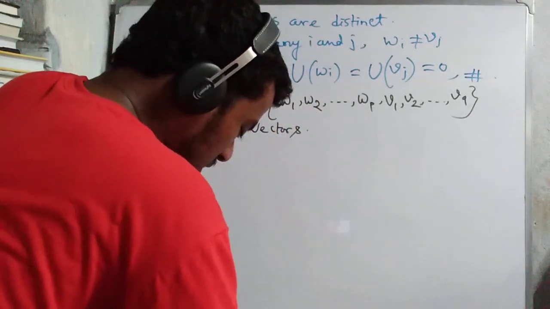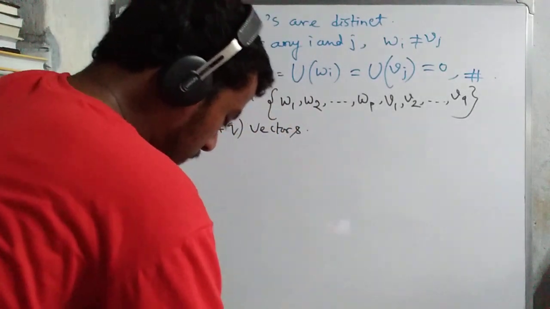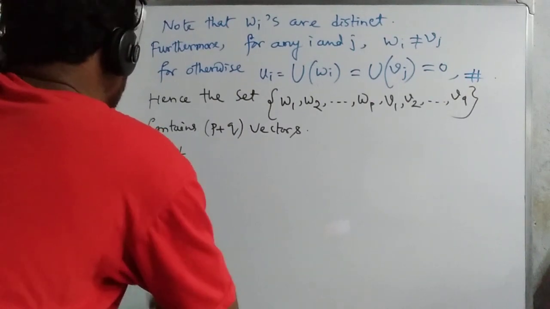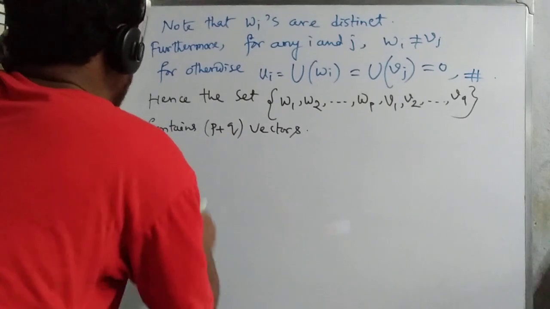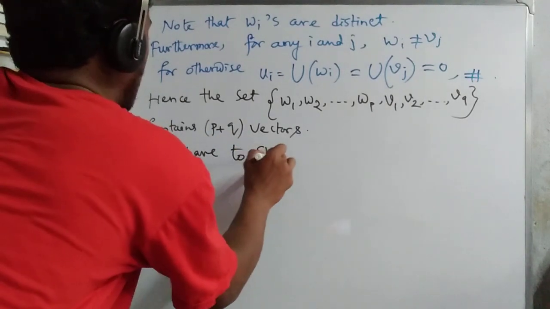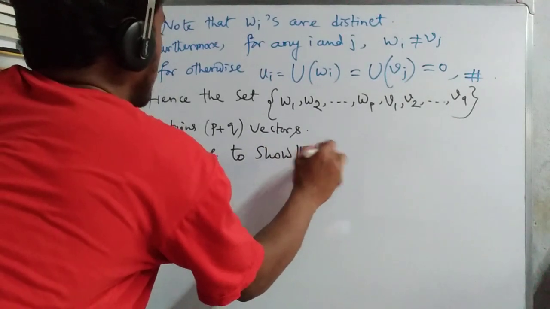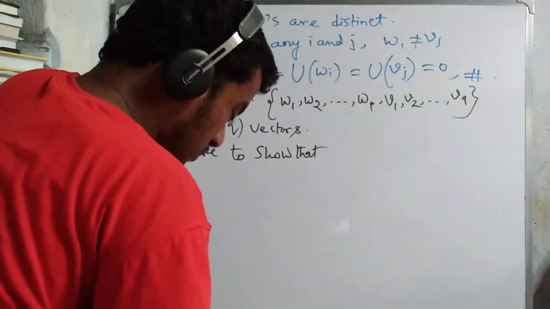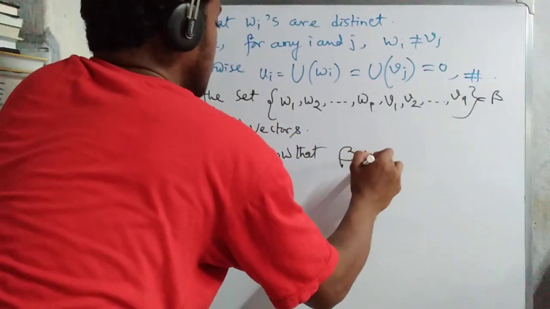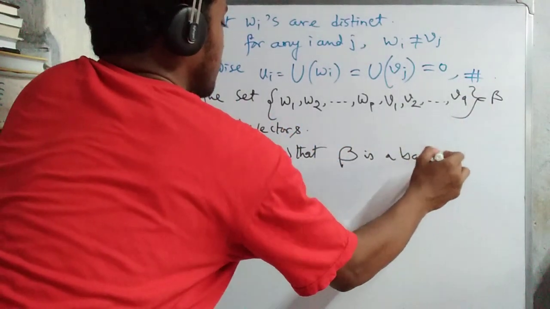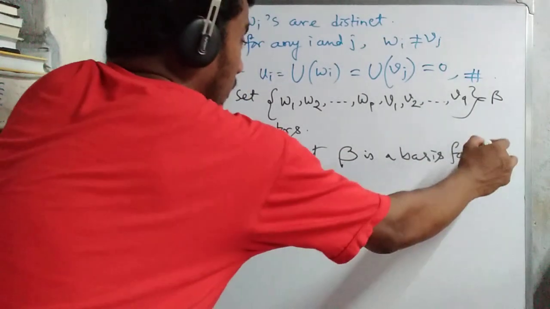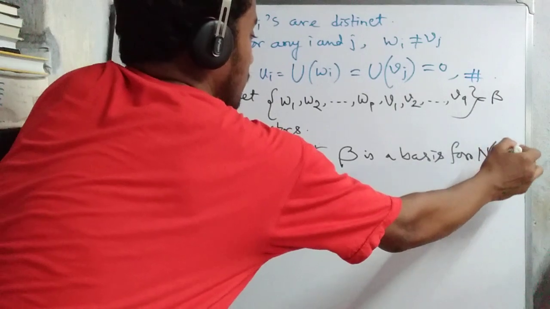Then to complete the proof, it suffices to show that this set, which we mark as beta, is a basis for N(TU).